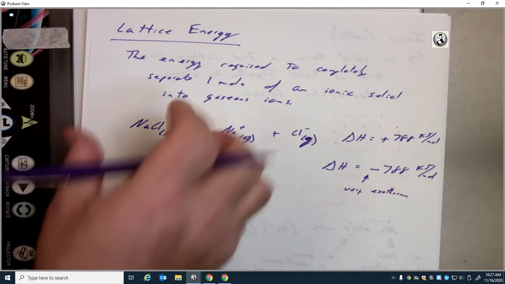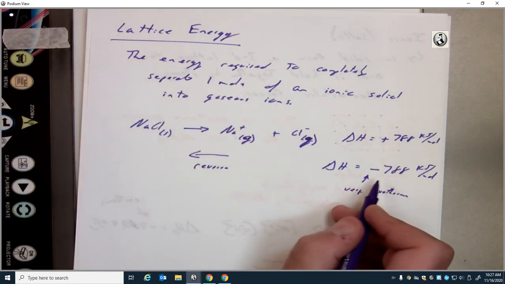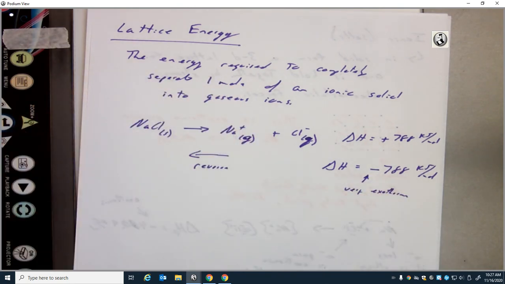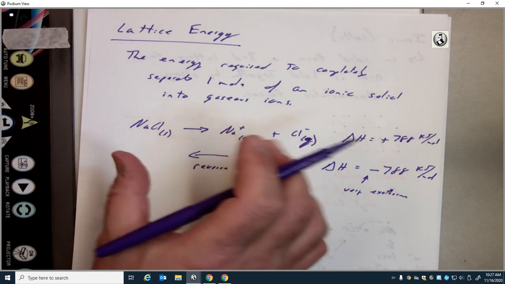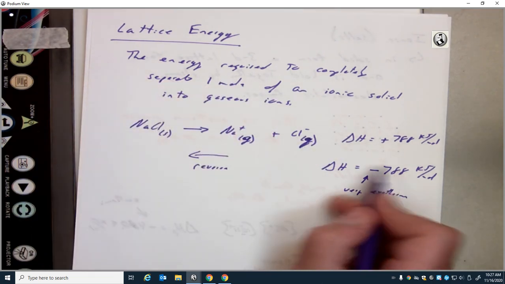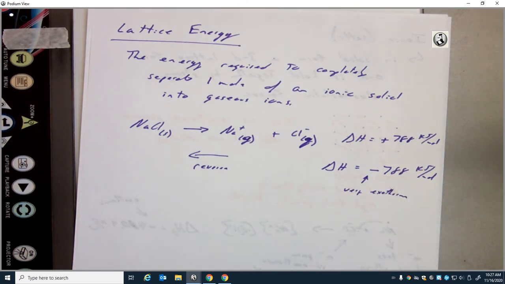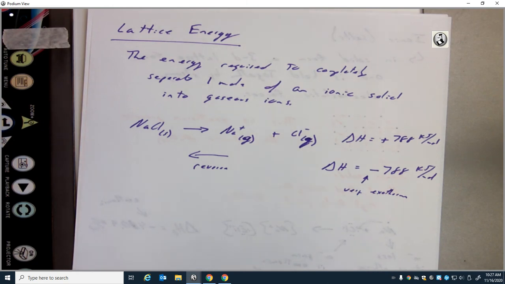So it's telling us that as this solid is forming into its lattice, it's giving us a ton of energy. So it's not just electrons being lost and gained over here. As that bond forms into this solid lattice, it's also giving off energy because that solid lattice is very, very stable.